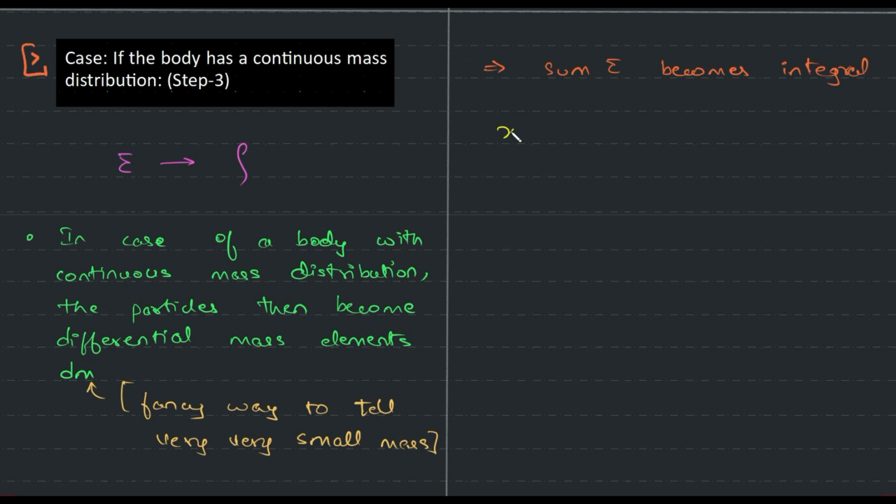That's it. So XCOM will be 1 by M integration of x dm. And similarly, you have everything else. YCOM and ZCOM, I'm not going to write them. So that would be the basic idea. Okay, so the other two, you guys finish it up.